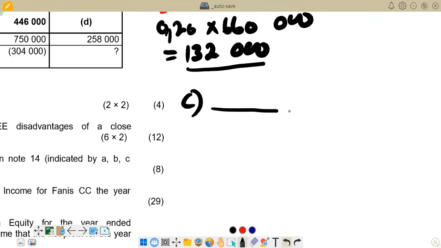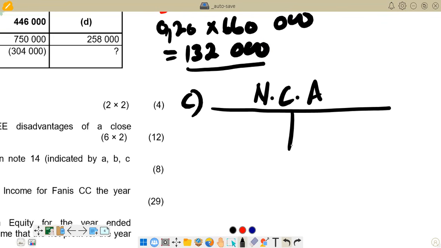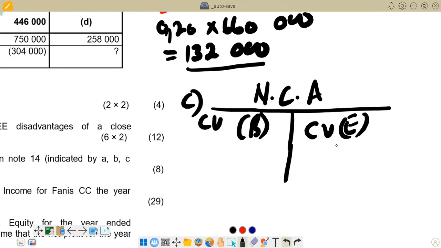We can just maybe start by presenting this as a non-current assets account. It's like this, and then we know that the carrying value balance at the beginning comes on the debit side, and the carrying value balance at the end comes on the credit side, and then the depreciation for the year comes on the credit side.